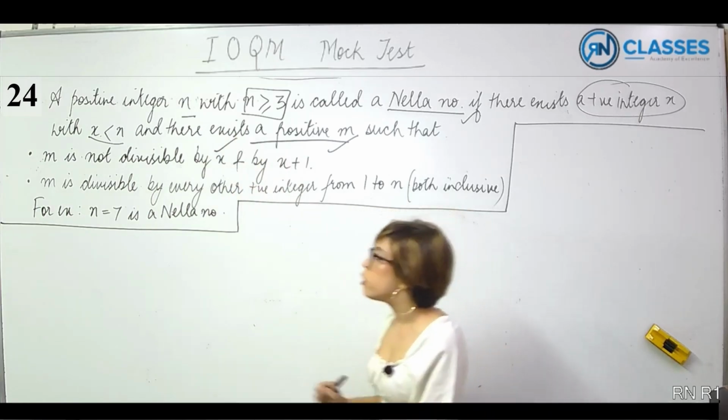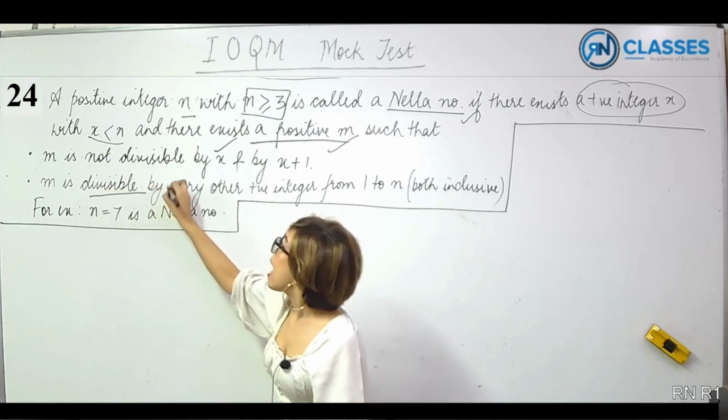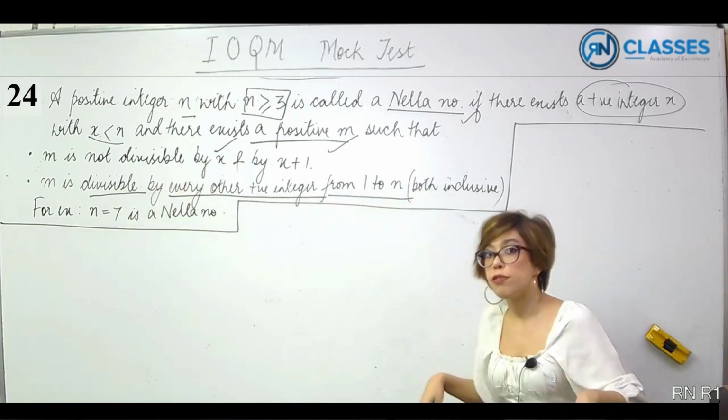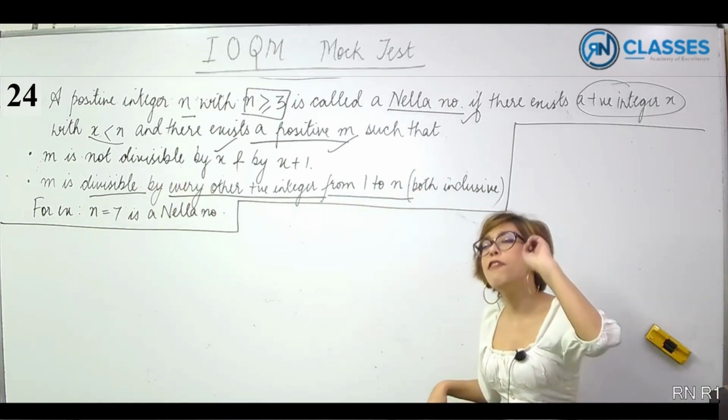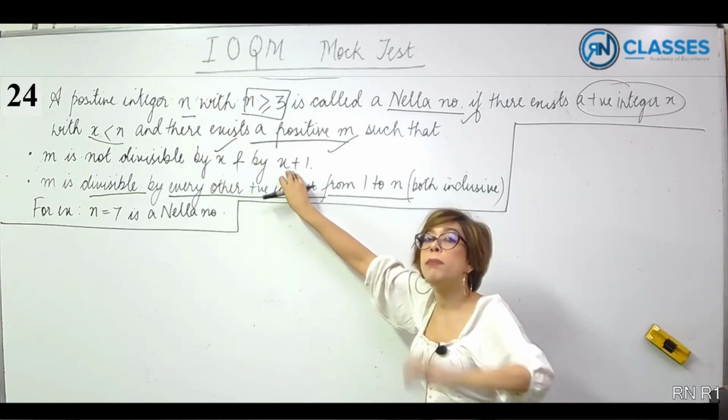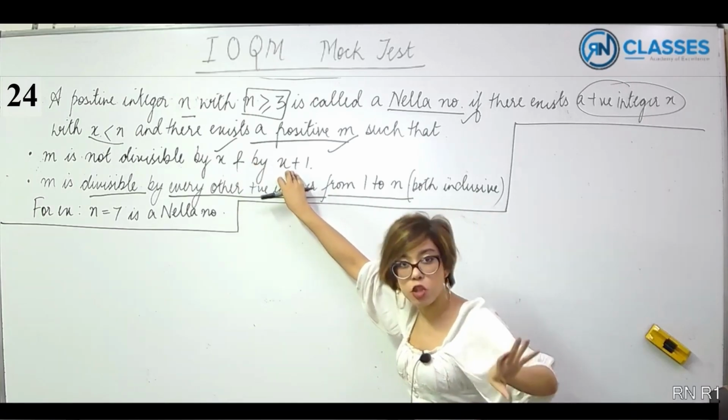Okay. Second condition, m is divisible by every other positive integer from 1 to n, both inclusive. It should be divisible by every other. That means except for x and x plus 1, it should be divisible by every other positive integer.